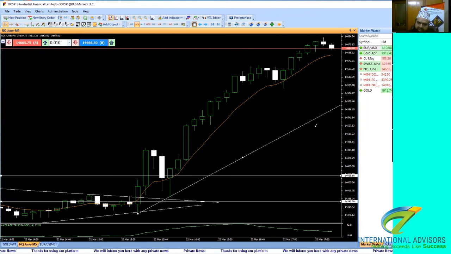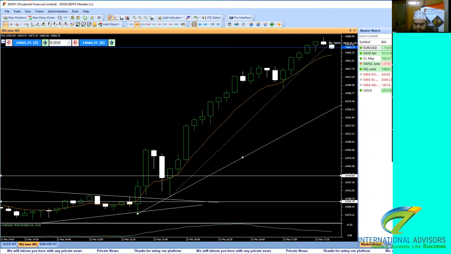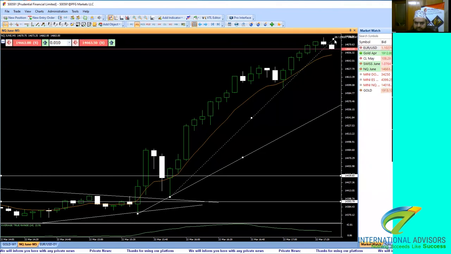So I told you in this trend line, this is the initiating point. This is the confirming point. Once we redraw the trend line, confirming point becomes the initiating point of next trend line, like this. Okay, like this.